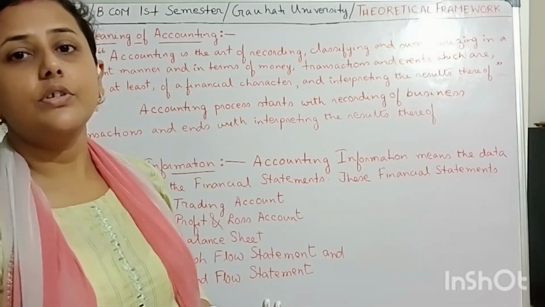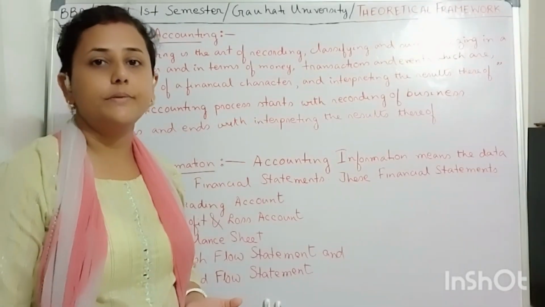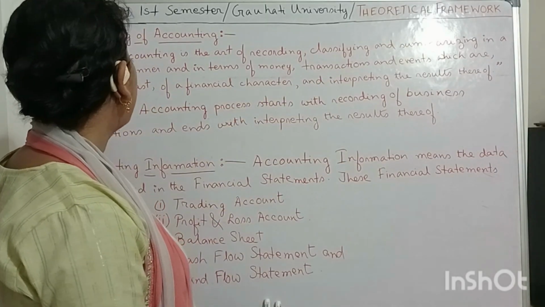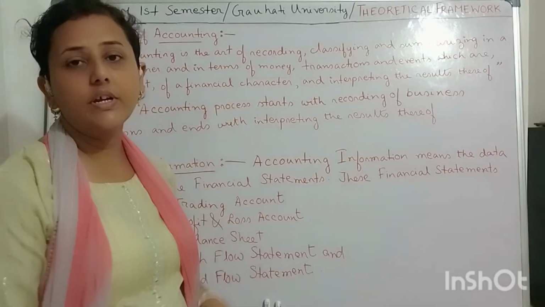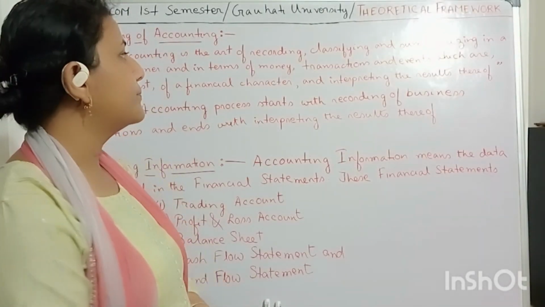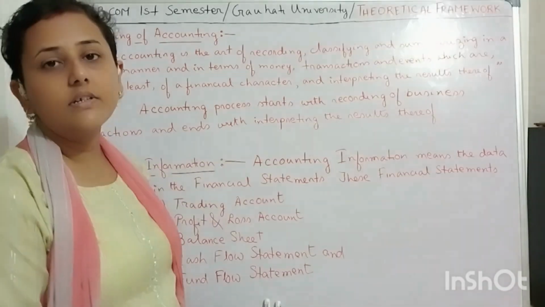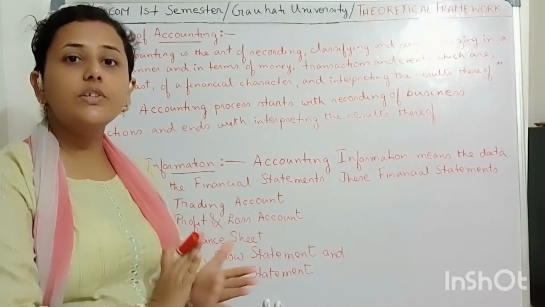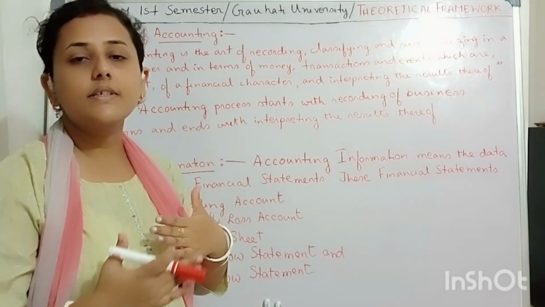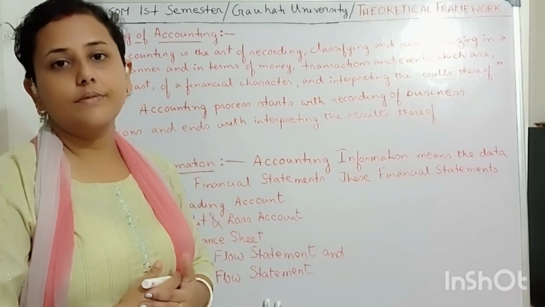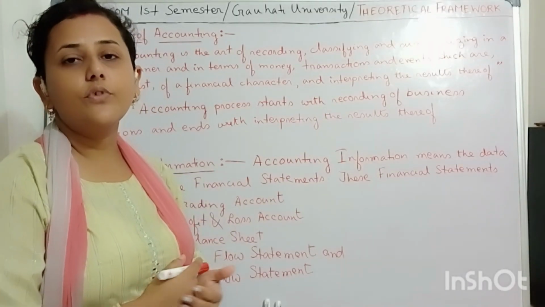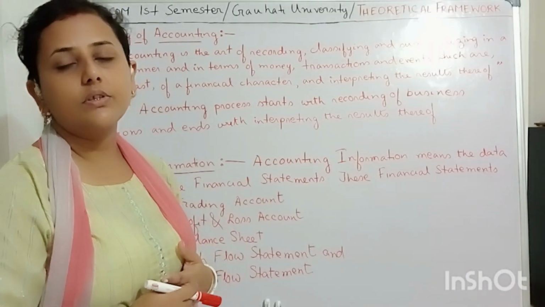The transactions should be in terms of money, and they should be transactions and events which are at least in part of a financial character, and interpreting the results thereof. You have to interpret what the result is and what the status of the business is, so that you can ascertain it from the financial statements.